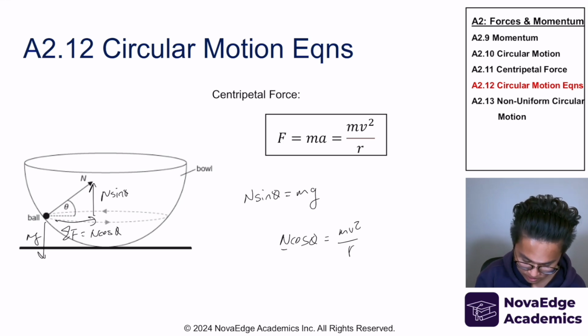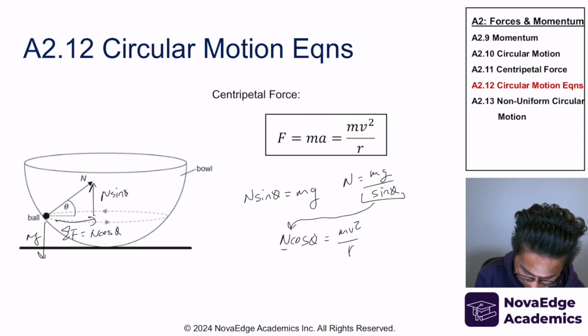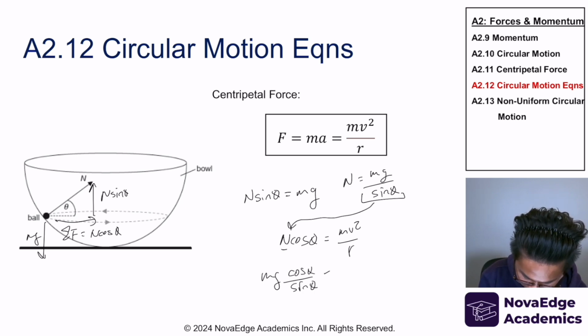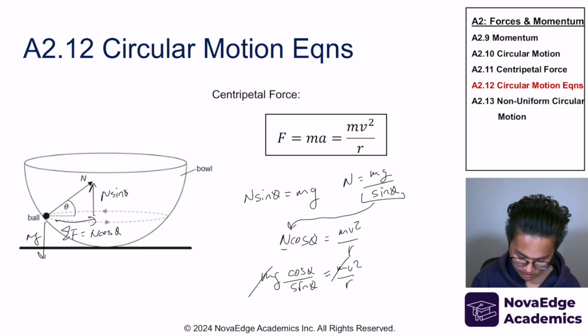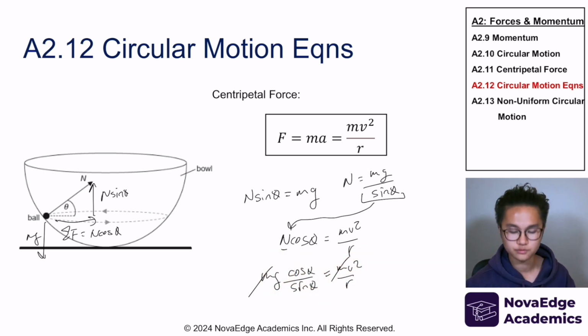Well, because I can actually isolate this into saying n is equal to mg over sine theta. If I plug that in here, I get mg cos theta over sine theta is equal to mv squared over r. Cancel the mass on each side, and I have a function of just angle, g, v squared, and r. Extremely useful. By the way, this was in the past exam problem.